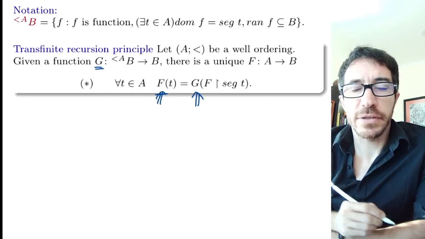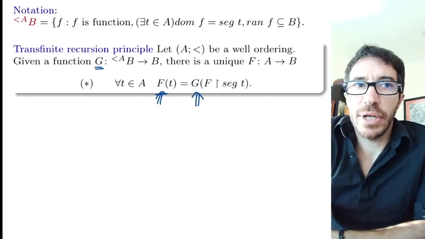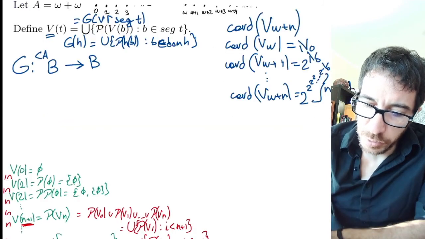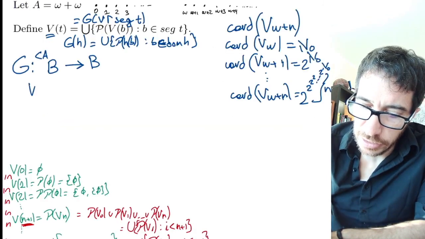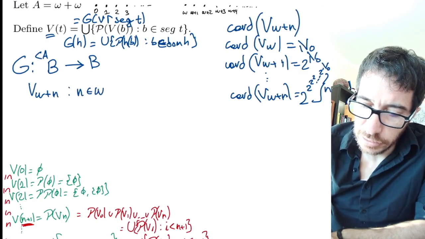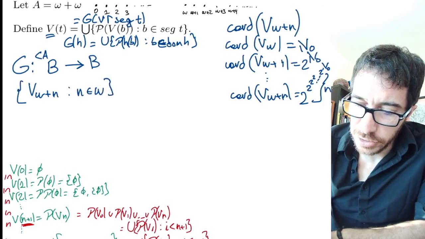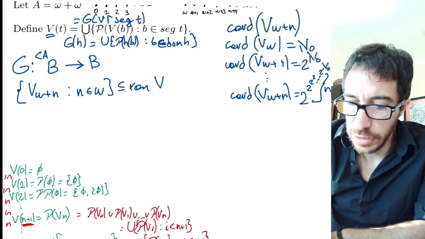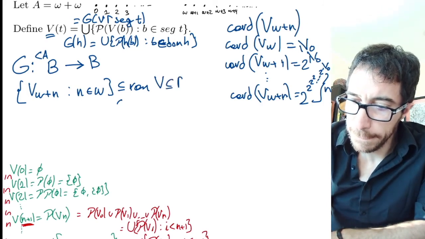But we have to be given this function g, and then if we have the function, we have the range. Here, all these guys, V omega plus n for n in the natural numbers, are going to be inside the range, right? This is a subset of the range of the V that we're going to be able to define. So it should be a subset of B.